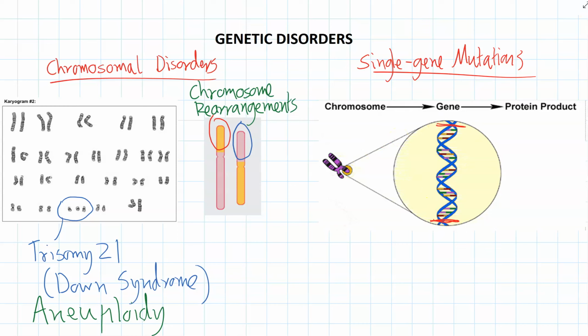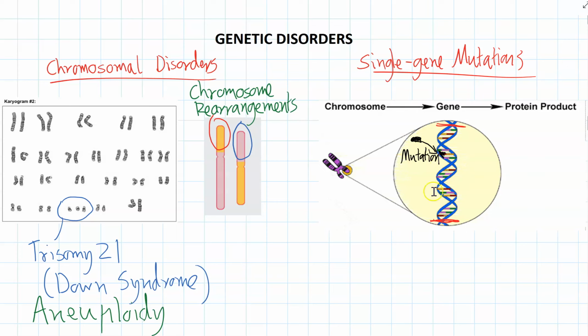And in a single gene mutation, something happens to cause part of that DNA molecule to malfunction. So maybe a base gets deleted, maybe a base swaps over and another one comes in. But some sort of mutation happens. And these are caused by mutagens, which we'll look at in a second.